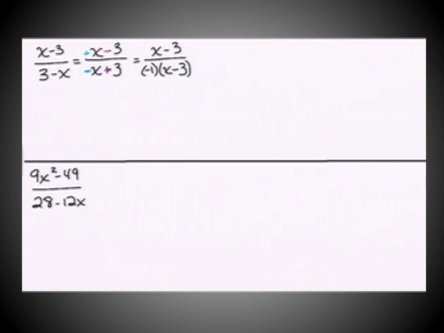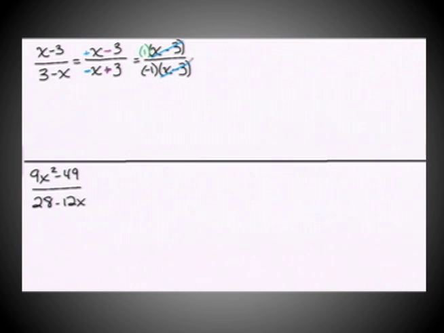All right, so I just want to point out before we move any further that there is always an understood positive 1 being multiplied with anything. So I'm just going to write that positive 1 in there to hold that place. And I say hold the place because the next step in this process is to go ahead and divide out common factors. You can see that we have a common factor of x minus 3.